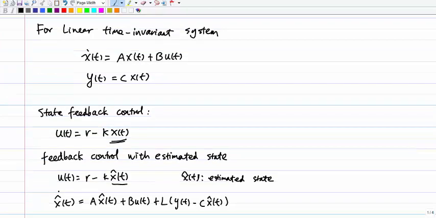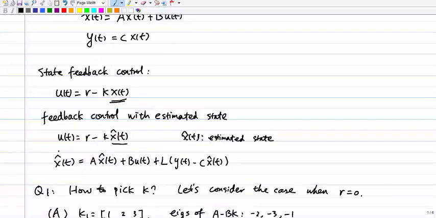For the closed loop state estimate, x hat dot t is equal to A x hat t plus B u t plus L times y t minus C x hat t. The way we derive this form is given in the previous lecture.